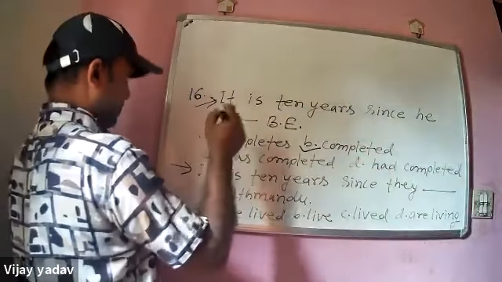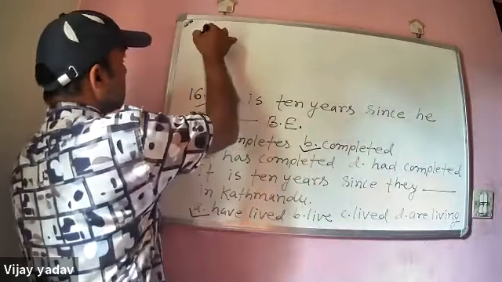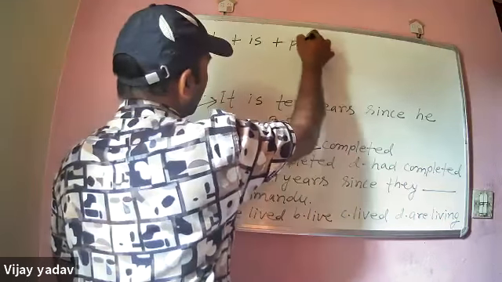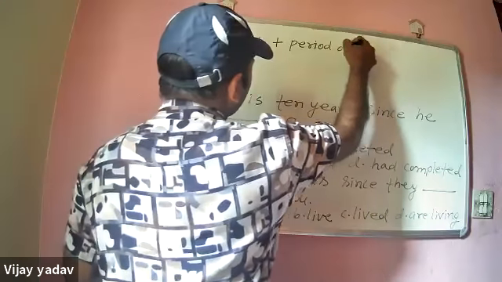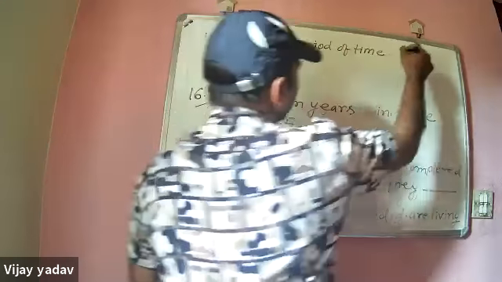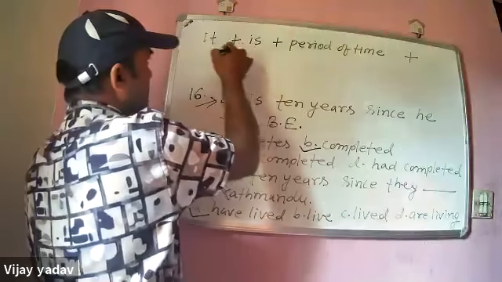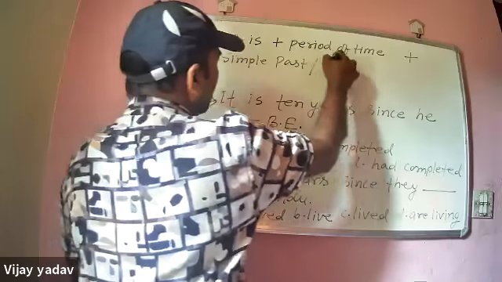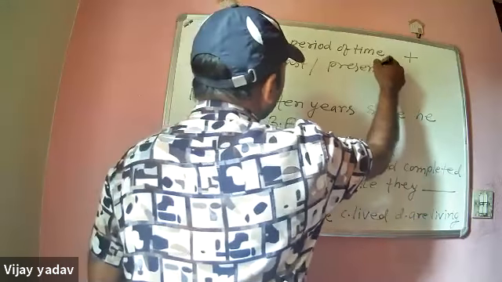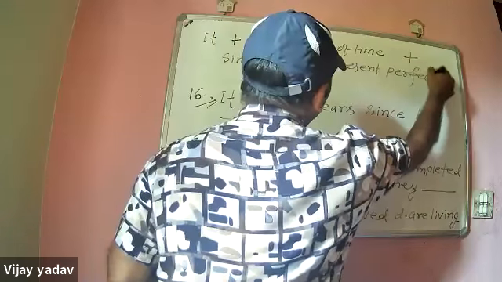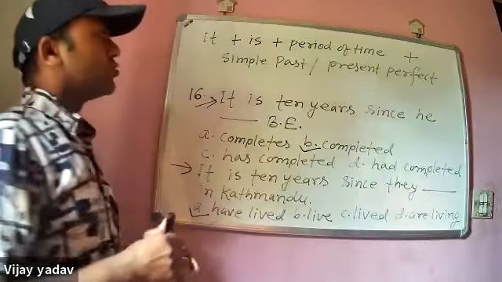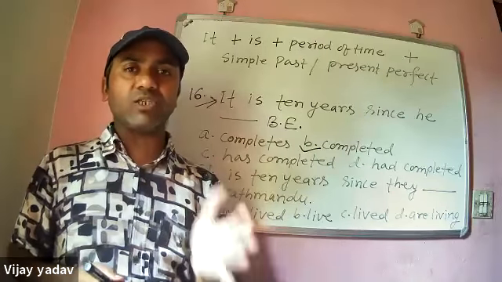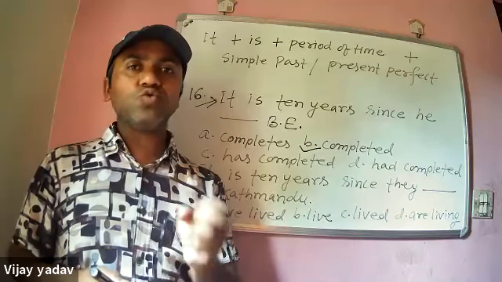So here, for these two, the structure is: it plus age plus period of time plus since, plus simple past or present perfect. Period of time shows duration: 5 years, 10 years, 5 months, 10 months, 6 weeks, 2 hours.